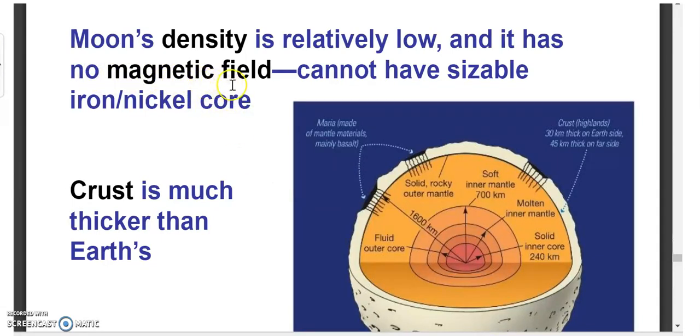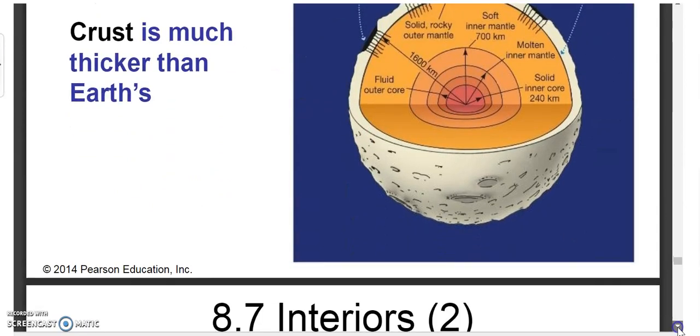Anyhow, the Moon doesn't have a magnetic field because it just doesn't have enough iron, and it doesn't have a molten core, the way the Earth does. So there's no differential rotation. The crust, as it says here, of course, is thicker than the Earth's, and it's thicker on the side opposite, in the direction opposite of the Earth.